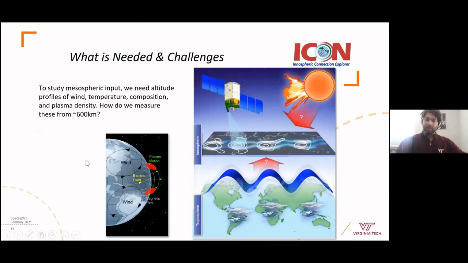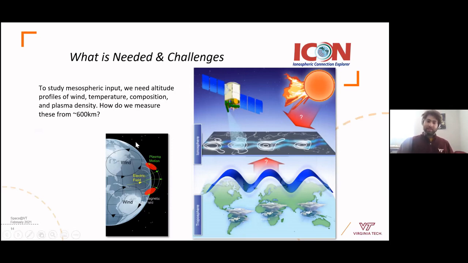So how do we measure this mechanism by which those waves are changing the structure of the ionosphere? We need to see a vertical profile of these quantities that we think are going to fluctuate along with these tides. And measuring a vertical profile with a satellite seems kind of difficult, right?